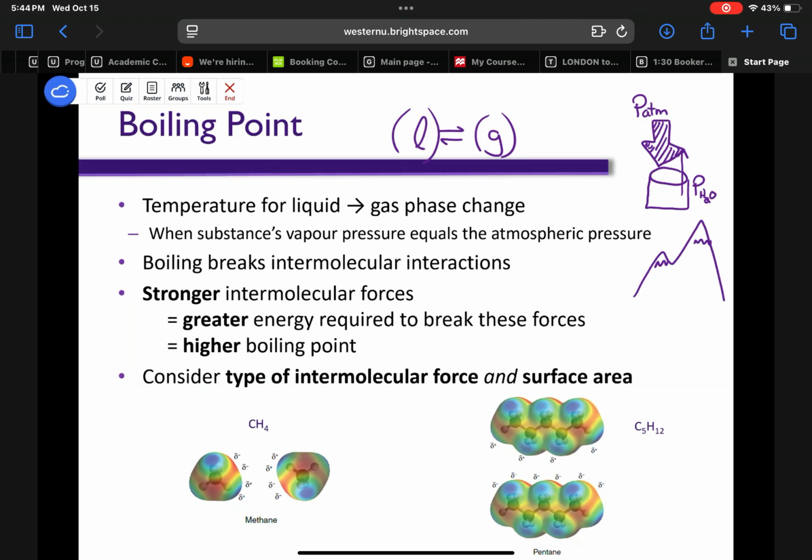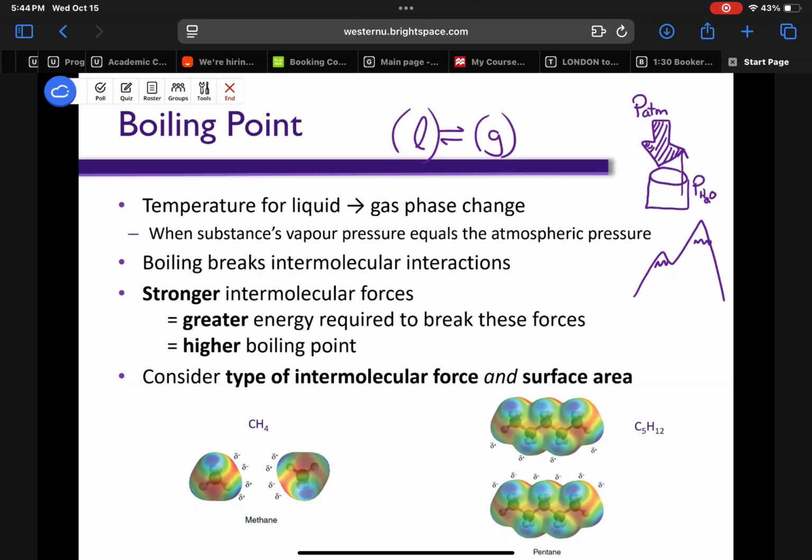When something boils, enough energy has been added to disrupt the intermolecular forces between those molecules that were keeping it held together in a liquid state, to pull them apart, and now they can be gas particles and zoom all around.